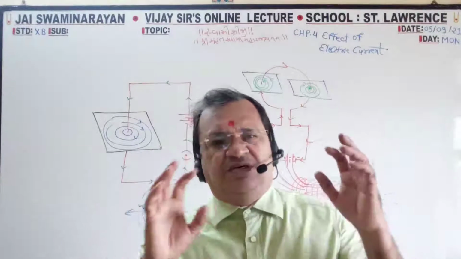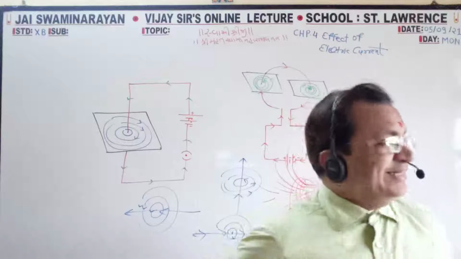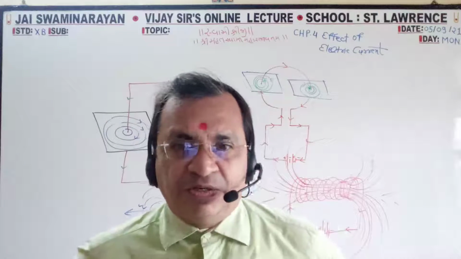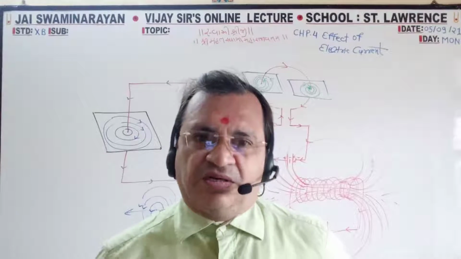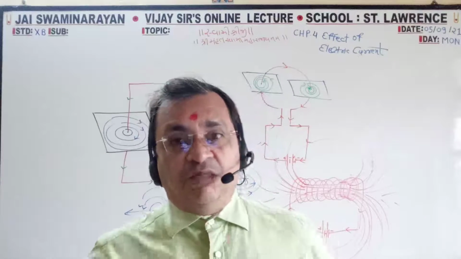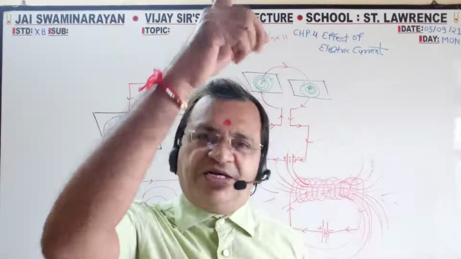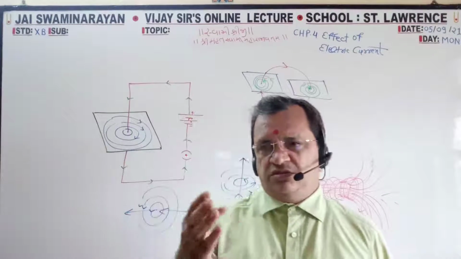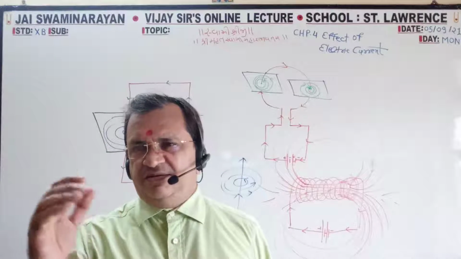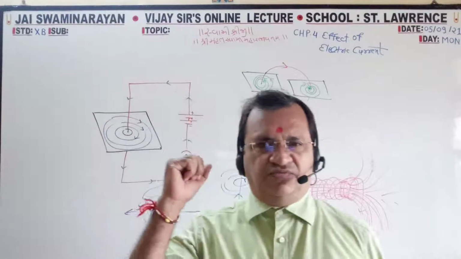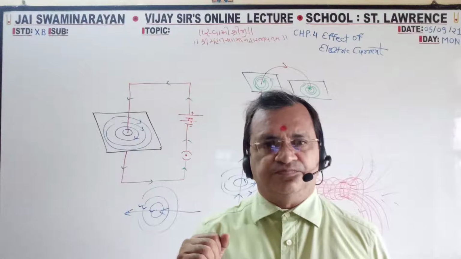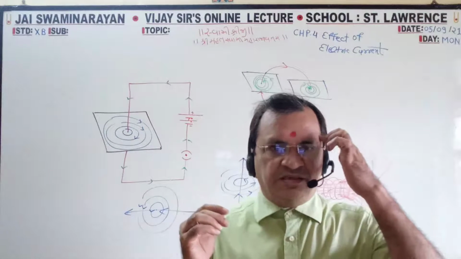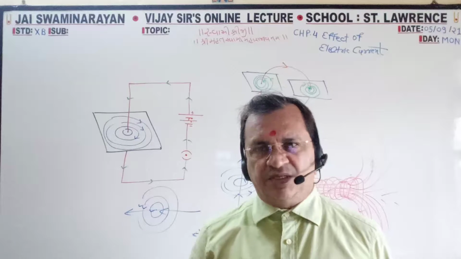In that word only the definition is there. So one we are producing, one which is natural. Both will repel each other. That is why it is moving. Motor, generator, fan, washing machine, flour mill. This idea we are using.